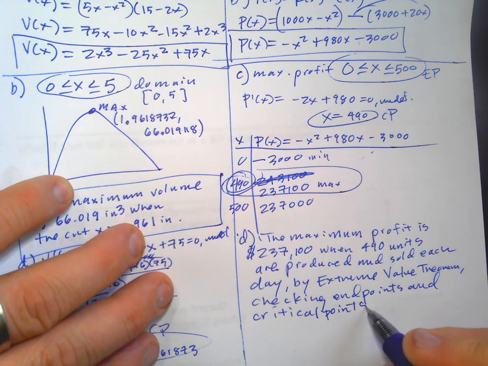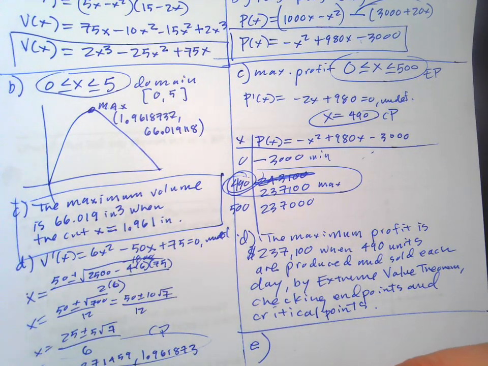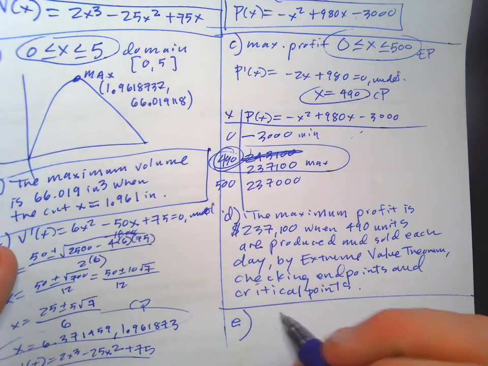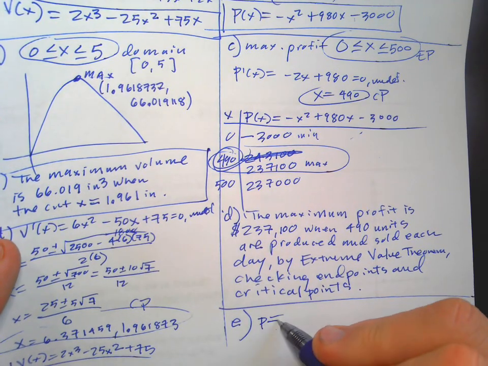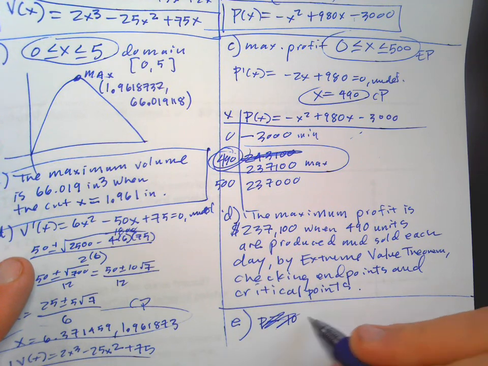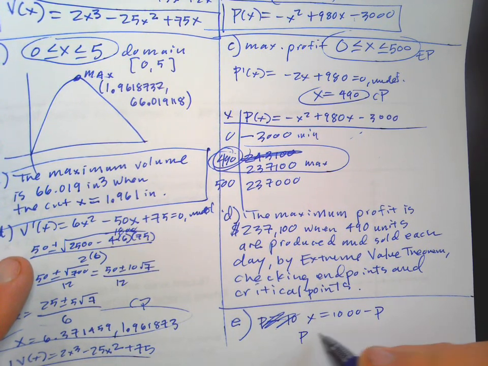Very good. Now E says, what price per unit must be charged to obtain the maximum profit? We were told earlier that X equals 1,000 minus price, where P stands for price.